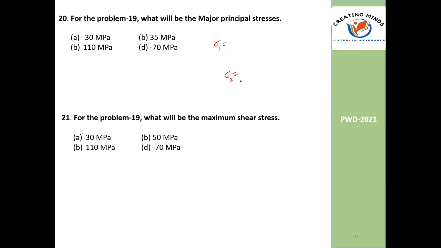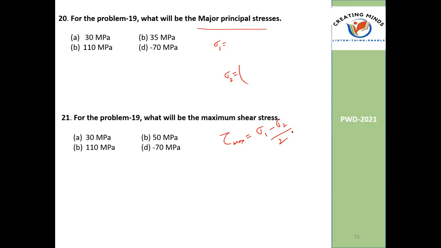What is sigma 2? So sigma x plus sigma y by 2. How much are you getting for sigma 2? This is major, it's asked. Okay. Next, what is tau max value? Tau equals sigma 1 minus sigma 2 by 2.